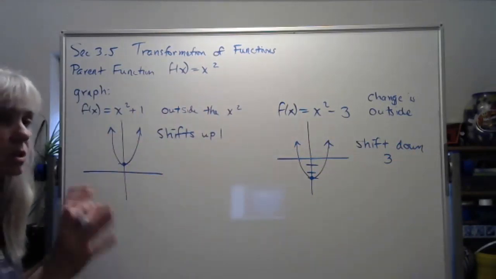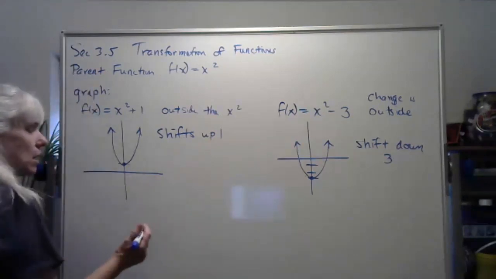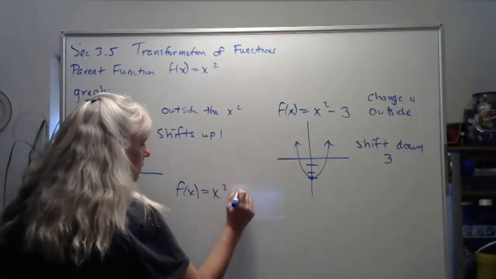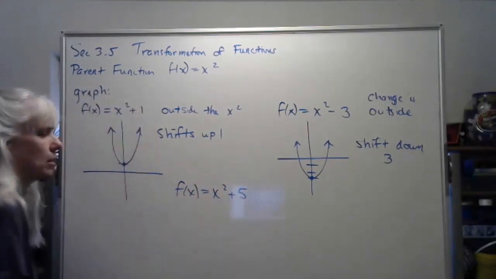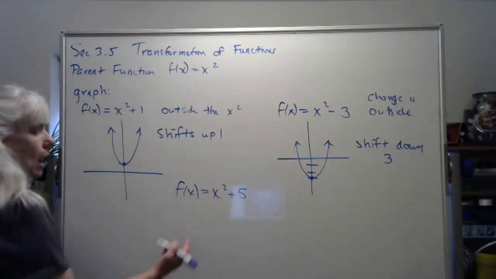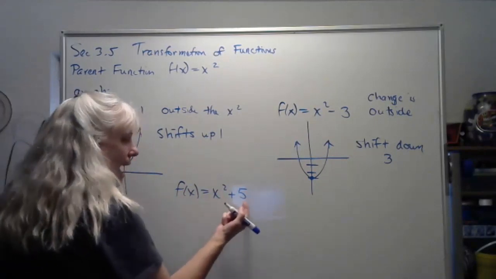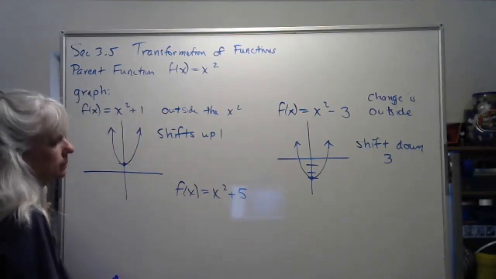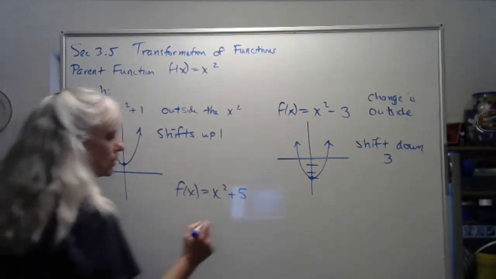So without graphing it, can you tell me what would happen to the graph of x squared plus 5? So if I wanted to graph that without my calculator as a quick sketch, I'm going to note that the +5 is outside, and in this case, it would shift it how? What's your guess? Up 5. Beautiful.